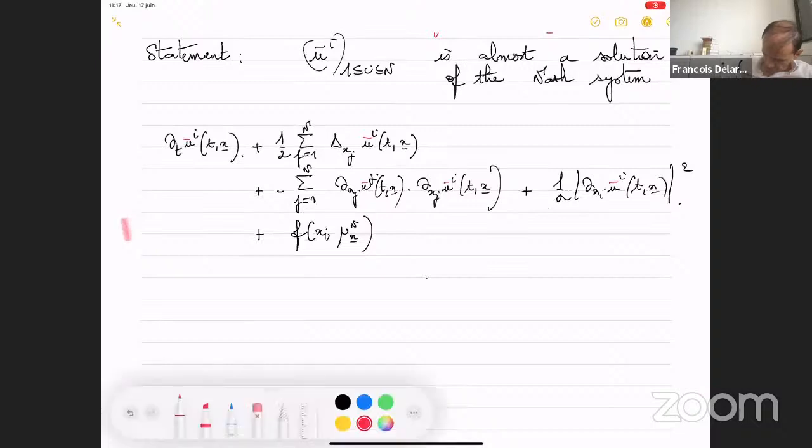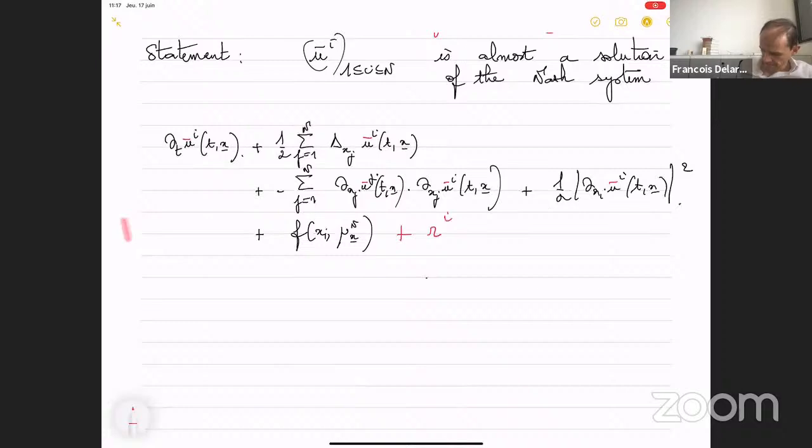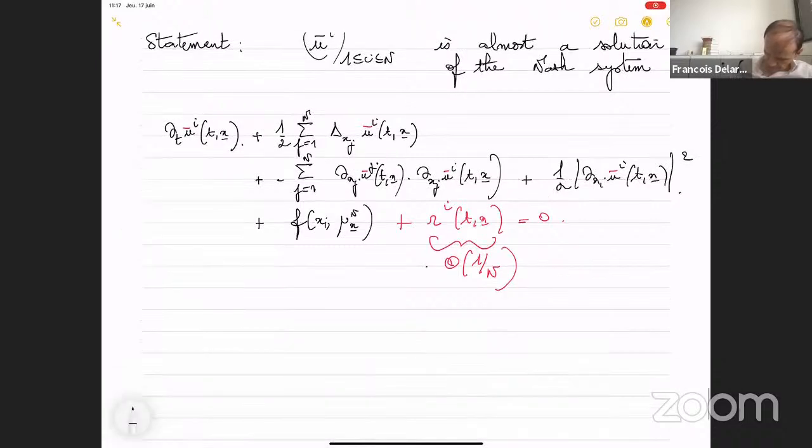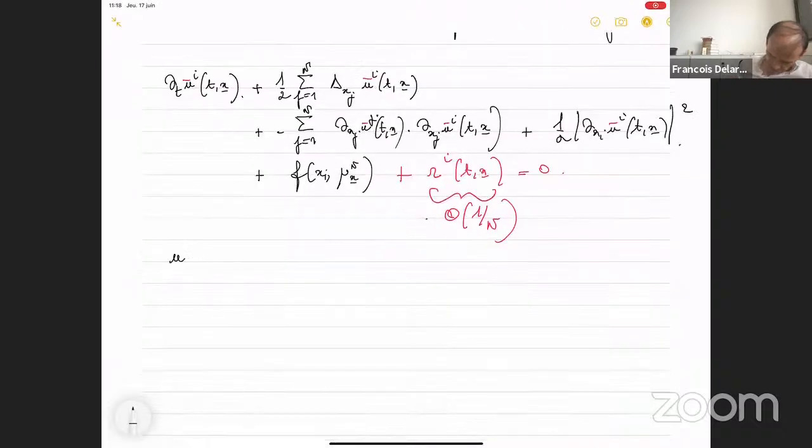So there is plus a term R, depending on i, t, x underline, such that this is equal to 0. And this guy is capital O of 1 over n. And the boundary condition is the same. So this is G of xi mu n bar. So there was a bar x underline.